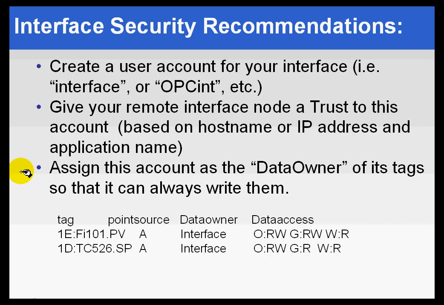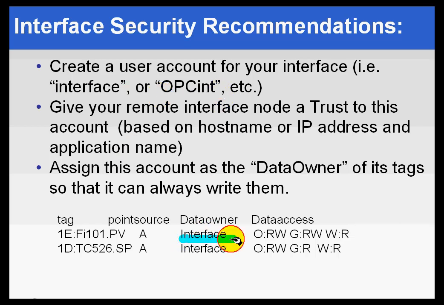And then the big finish, of course, is at this point you need to assign that user account as the data owner of all the tags that are associated with that interface. By that, we mean you go into the point configuration, and the attribute called data owner should be set to interface. That's the name of the user that you created, interface or OPCint if you had chosen to use that.